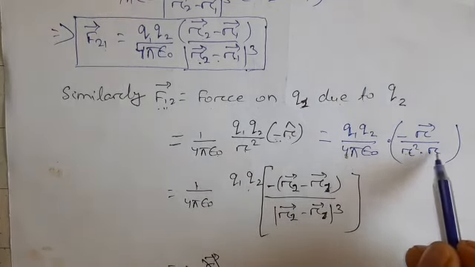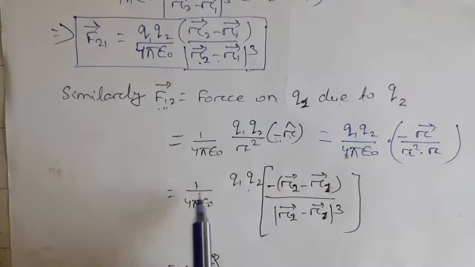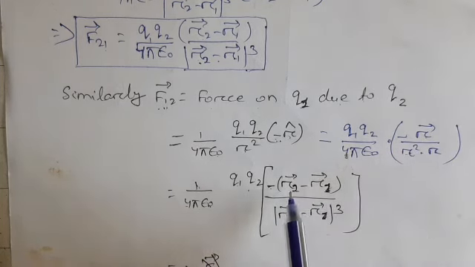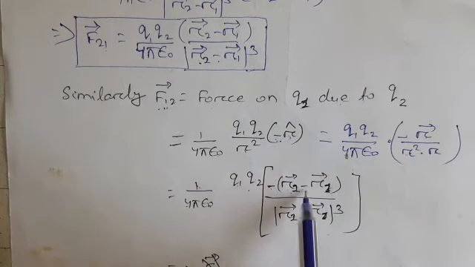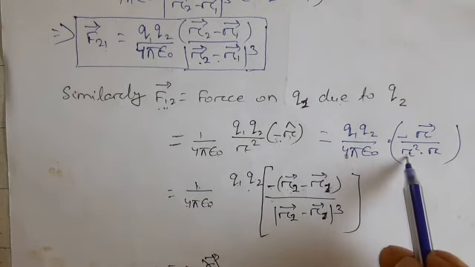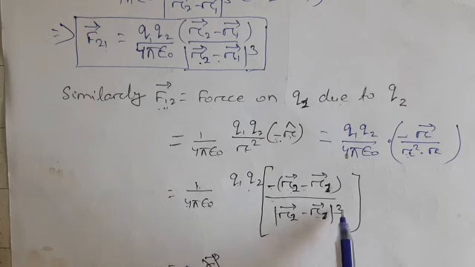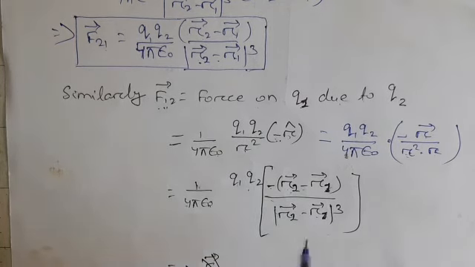Okay, that is R cube. So I have written here 1 by 4 pi epsilon naught Q1 Q2 minus this, and we know previously R vector equal to R2 vector minus R1 vector divided by this R cube, and we know that magnitude of R is equal to magnitude of R2 vector minus R1 vector to the power 3, and if I take this minus outside, then I will get minus of Q1 Q2 by 4 pi epsilon naught, R2 vector minus R1 vector by magnitude of R2 vector minus R1 vector to the power 3.